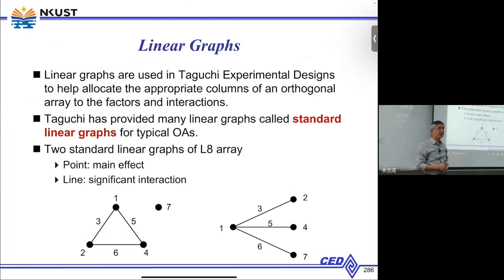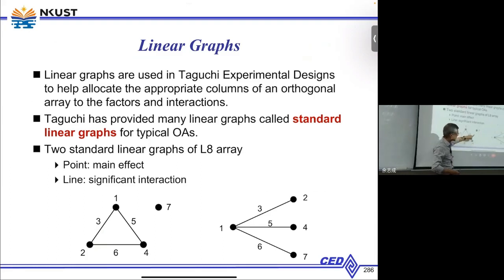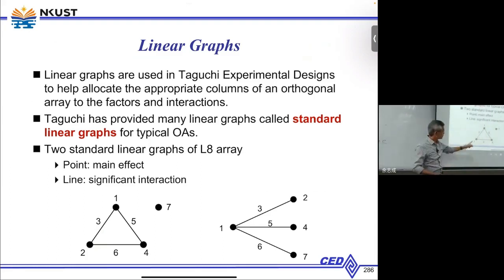So, as you can see, this is L8. We'll have 7 columns. The number stands for the number of columns, which means that 1, 2, 3, 4, 5, 6, 7. There are 7 columns. If you assign your factors to the dots and make sure that those important interactions, you save the space for all the important interactions in the line.